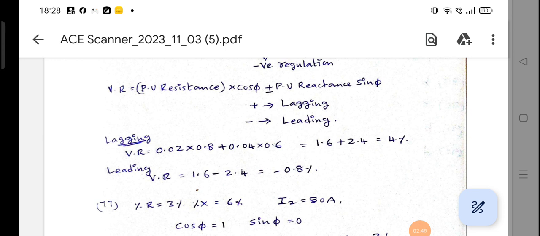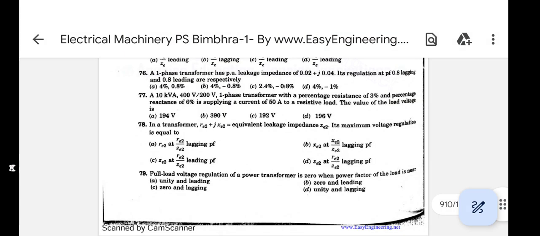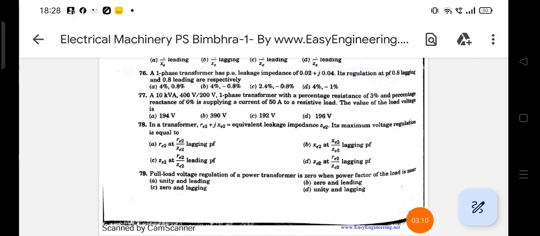Similarly, for leading load, voltage regulation is 0.02 into 0.8 minus 0.04 into 0.6, that is 1.6 minus 2.4, which gives minus 0.8%. That means the voltage regulations are 4%, minus 0.8% respectively. The 76th question answer is B.